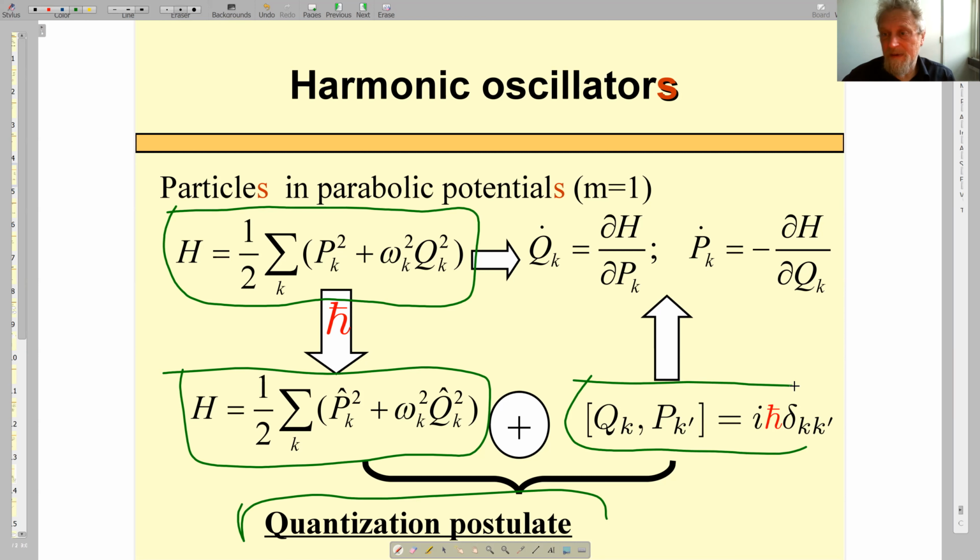The only part to think about is that the commutator of coordinate and momentum exists only for the same oscillator, right? But that's natural because different oscillators are assumed to be independent. That's why the corresponding operators act in different spaces, and they do commute.